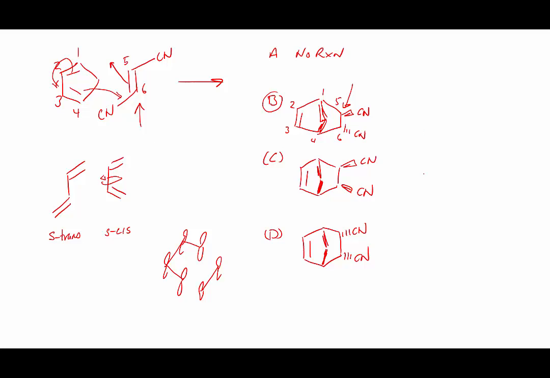C's exo. We all agree that C is exo. And then endo is D, and there is no name for B. Because endo and exo only refer to the cis alkene and the cyclic diene. And notice the cyclic diene ties the diene into S-cis. So it'll react a lot faster.